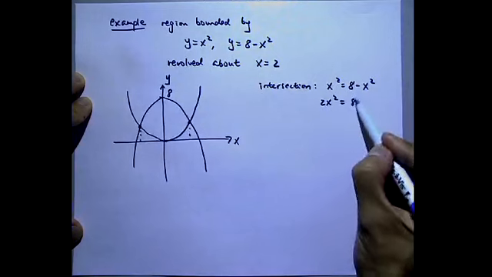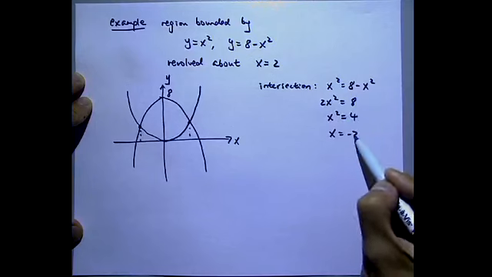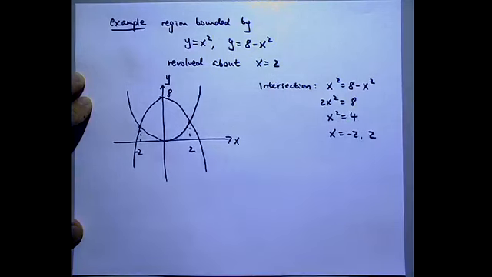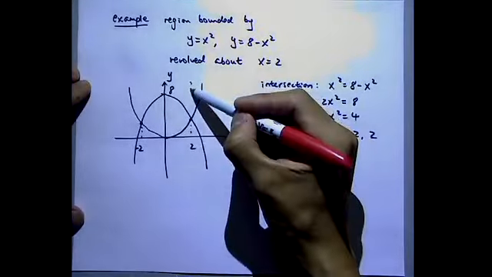So 2x squared is equal to 8. X squared is equal to 4. X is minus 2 and 2. Okay, then x equal to 2.